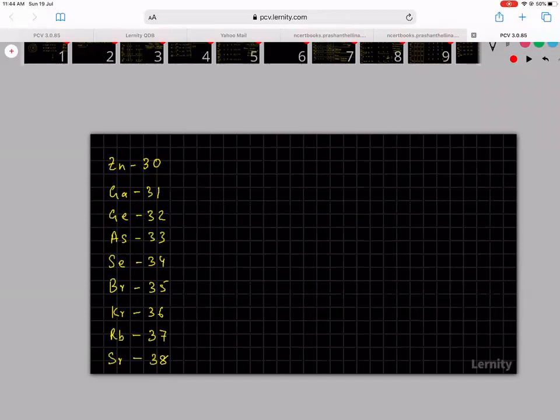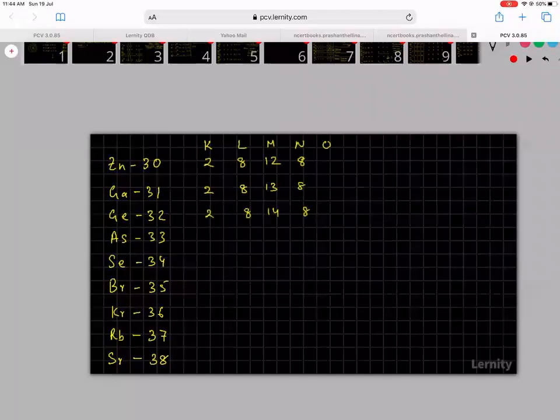Okay, so now the shells are K, L, M, N, O. In zinc, you have 2, 8, 8, and this is 10, 18. So you will have 12 here. Then in gallium, it becomes 2, 8, 13, 8. In germanium, it becomes 2, 8, 14, 8.